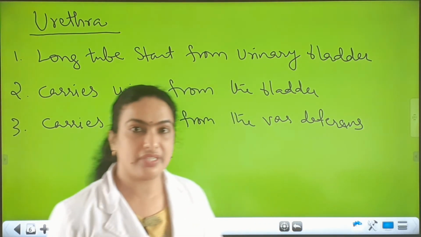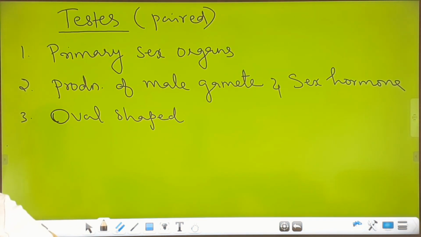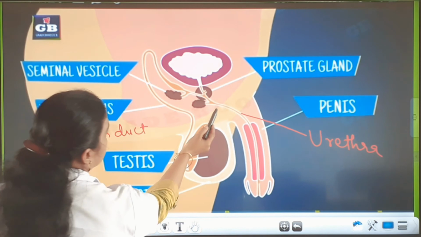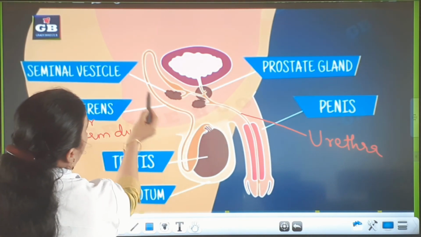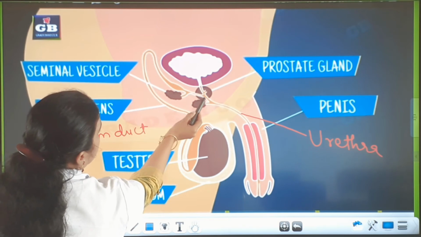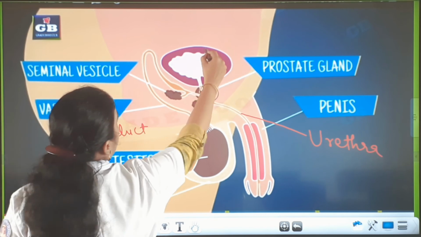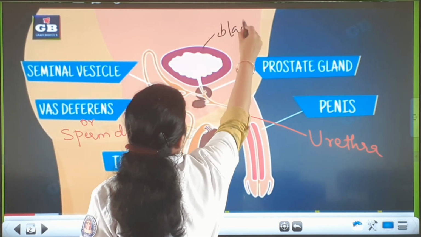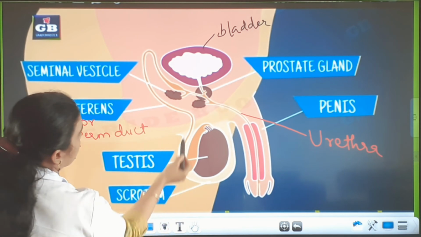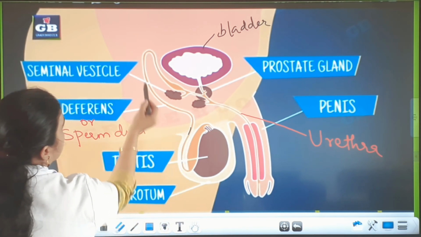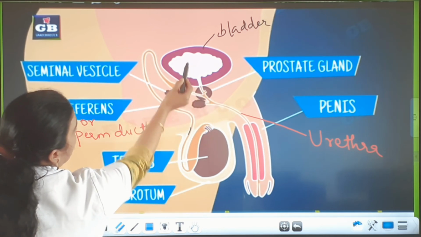Is it clear about urethra? I will show you the urethra structure. So here you can see the urethra. This is the vas deferens. The vas deferens joins with the urethra starting from the urinary bladder. This is the urinary bladder. The vas deferens joins with the urethra from the bladder.